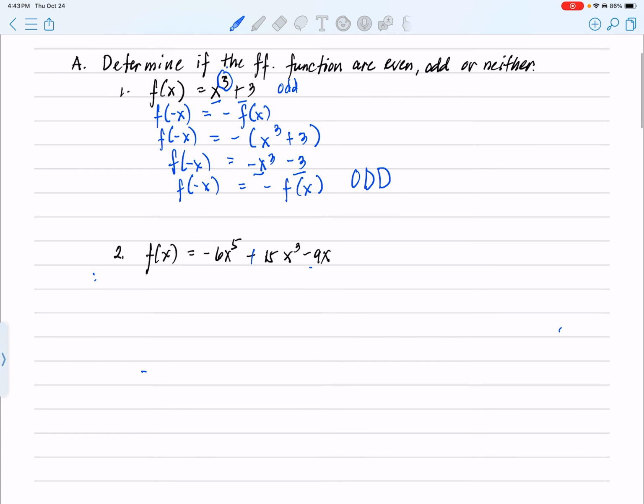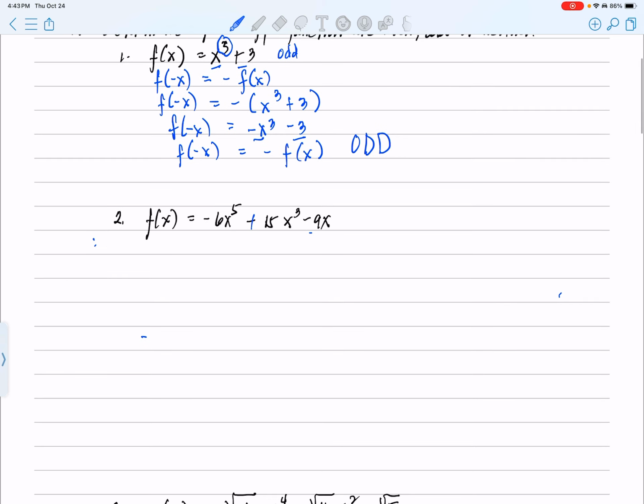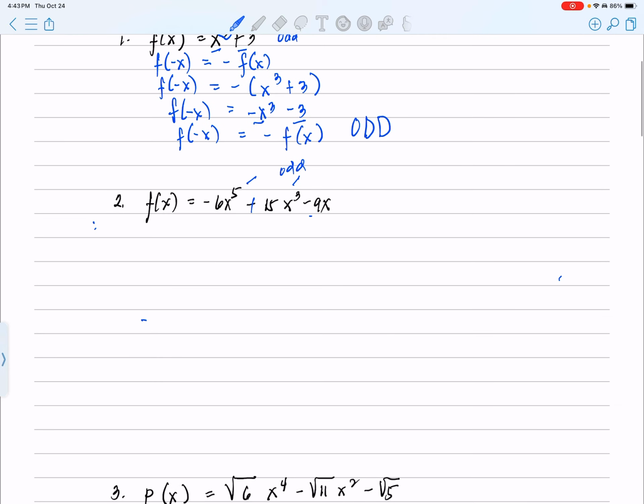All right, let's do this question. F of x is equal to negative 6x to the fifth power plus 15x cubed minus 9x. If we look at the degree, it is odd. Okay, I go straight and check f of negative x, I check if it's the negative of the function x.